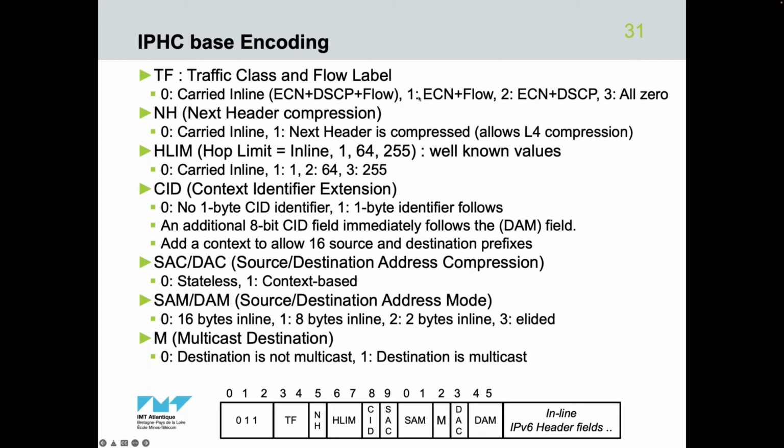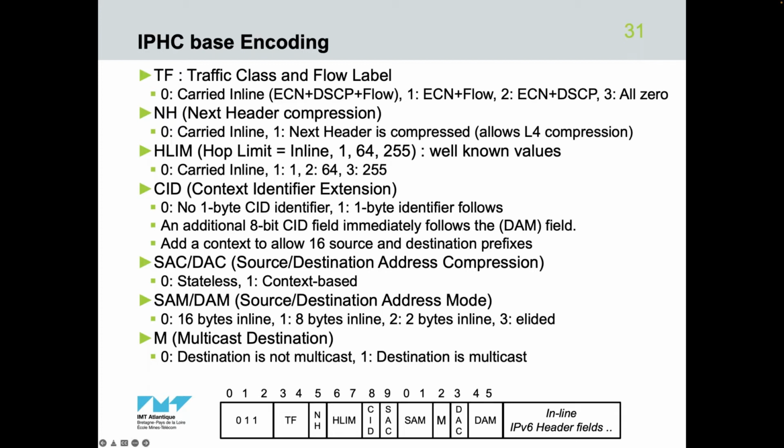If it is 01, then we will have only the ECN plus the flow label. If it is 10, then we have only the ECN and the differentiated services. And finally, if it is 11, it means we have nothing to transmit, so we have a quite efficient compression mechanism.